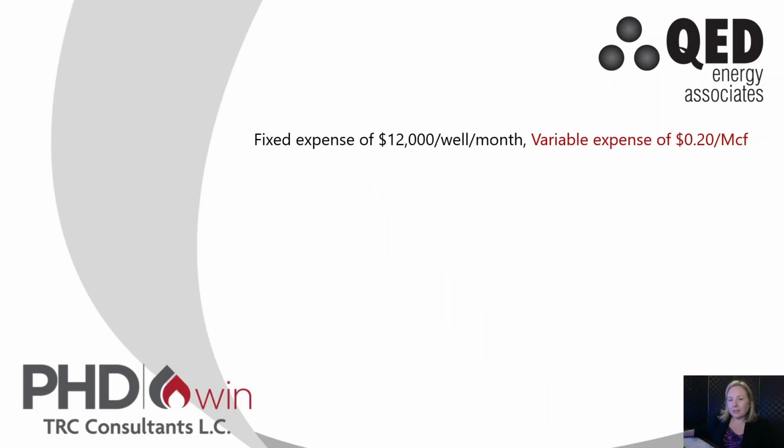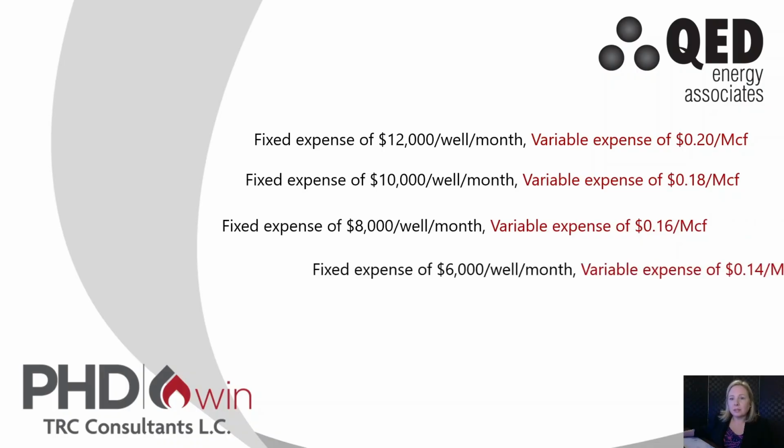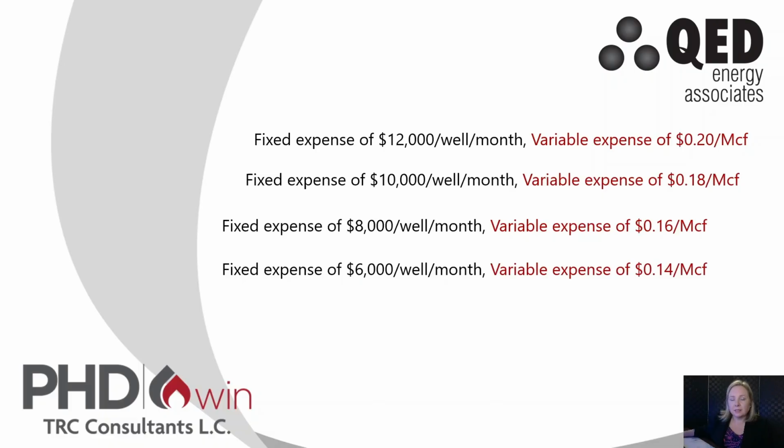Again, I might want to test different operating expenses whenever I'm running my database in PHDwin version 3. Certainly I'm going to do my best to go through the lease operating statements and come up with some reasonable fixed and variable operating costs associated with each of my assets. But maybe I'd want to test how different operating expenses would affect the results of my file.